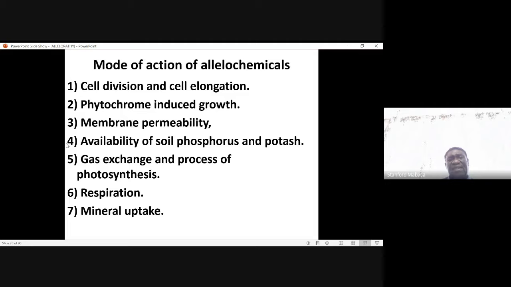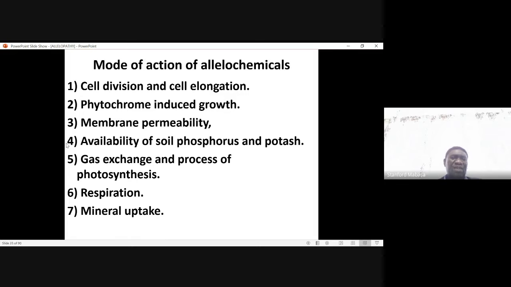They can affect availability of nutrients, soil, phosphorus, and potash. They can also act on gas exchange, affect processes of photosynthesis, they could affect respiration and also mineral uptake.